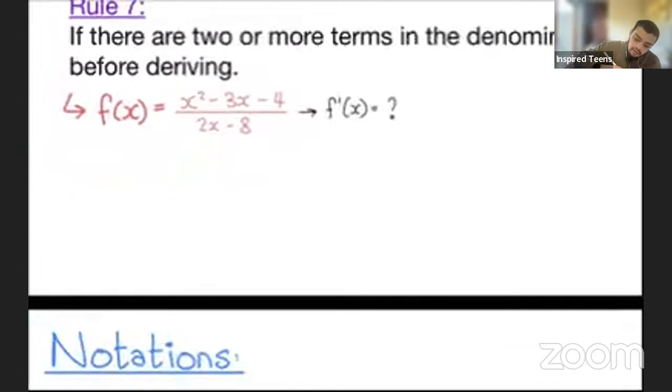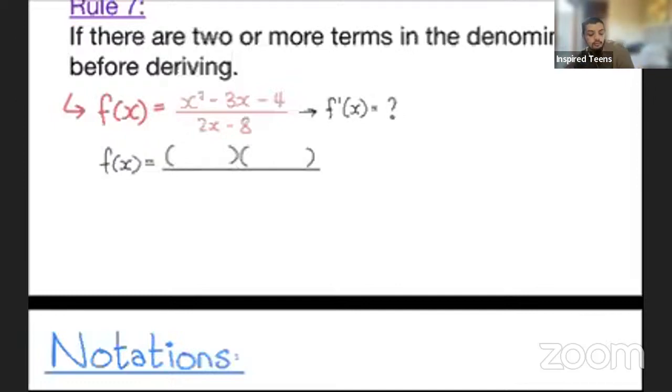So let's try and factorize. We can factorize the top and we can factorize the bottom. Before we derive, we need to factorize. The top is a trinomial, so I can simply open up two brackets and factorize in that manner. So x squared minus 3x minus 4, I have x minus 4 and x plus 1.